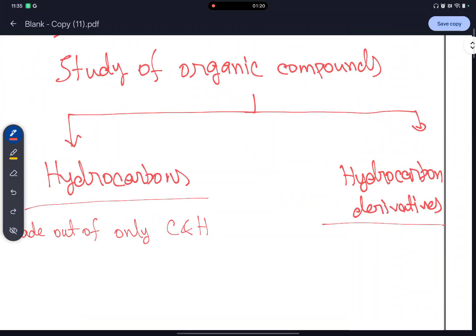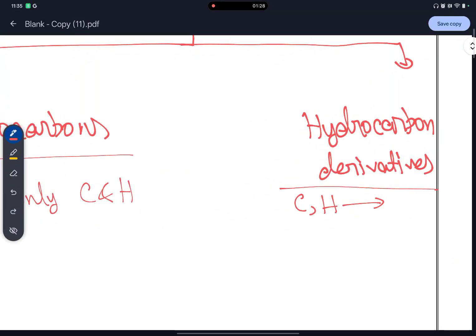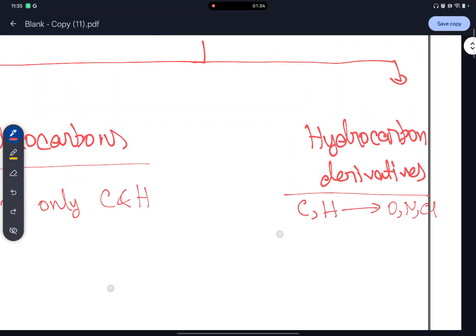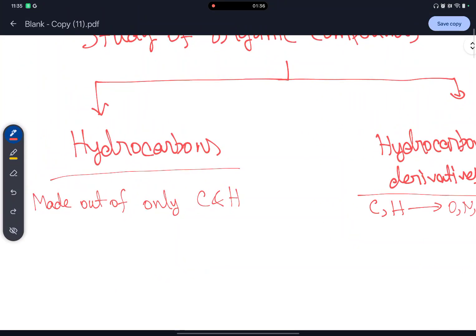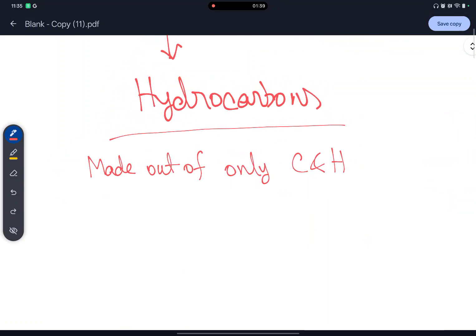But in hydrocarbon derivatives, they have carbon, they have hydrogen, and they have another element. Now that element can be oxygen, nitrogen, or chlorine, no problem with that. But a hydrocarbon only has carbon and hydrogen and nothing else. So this is a very important question.